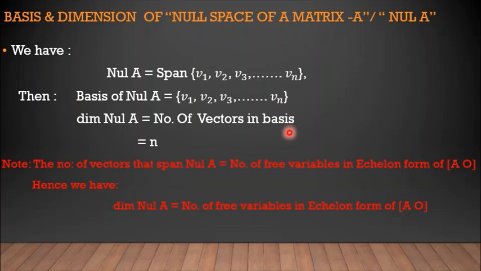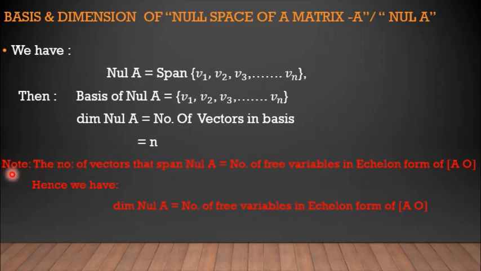Previously we found a basis for the null space, and now, after finding the basis, we can find the dimension, because dimension is nothing but the number of vectors in any of the bases of a vector space. Here also, the dimension of null A is the number of vectors in its basis.